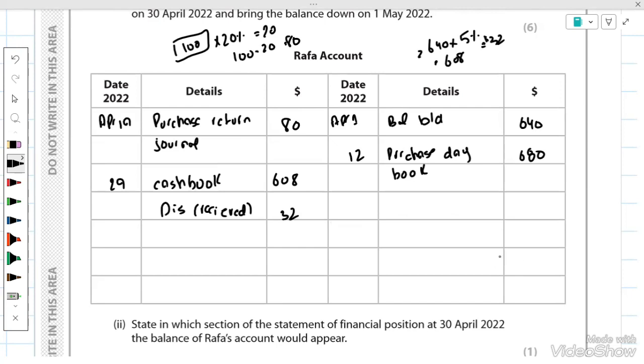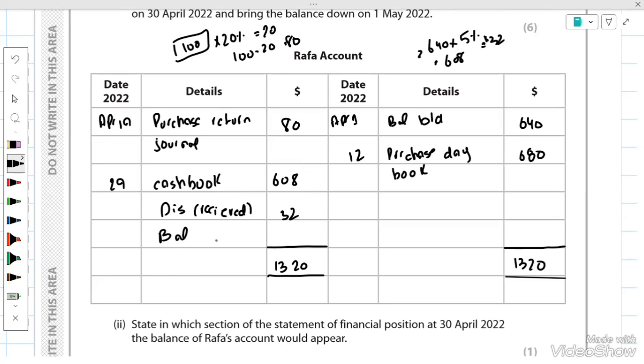Now just total it. The total is 1320. Your debit side is your lighter side, so just subtract 720 from the 1320.